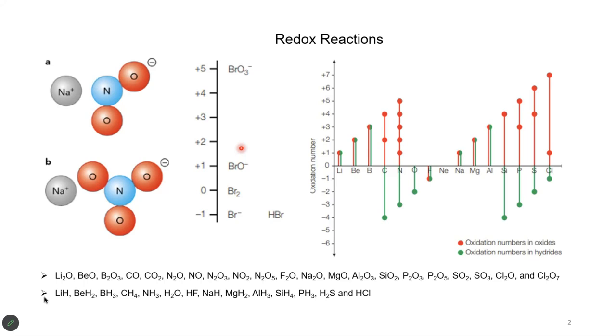You see this one, here nitrogen is in oxidation state 3. So we call this compound systematically, not traditionally, as sodium nitrate(III).